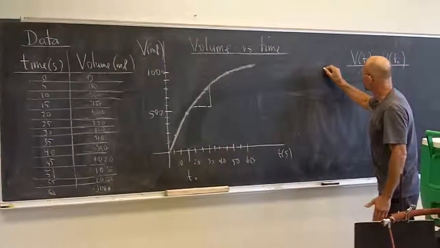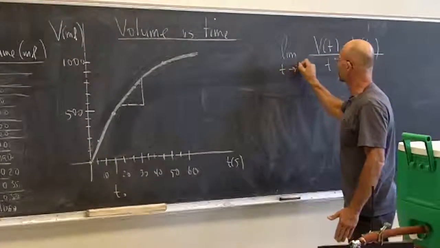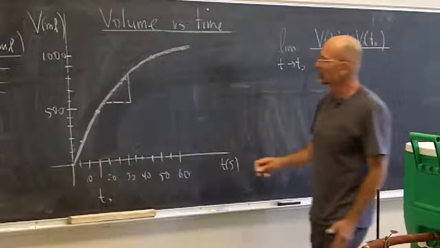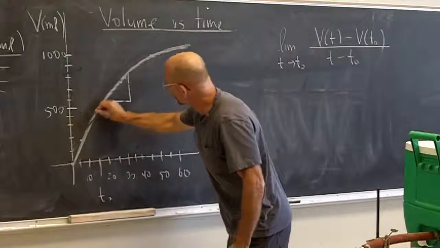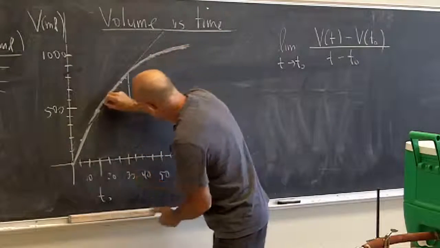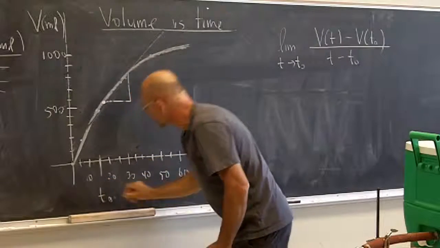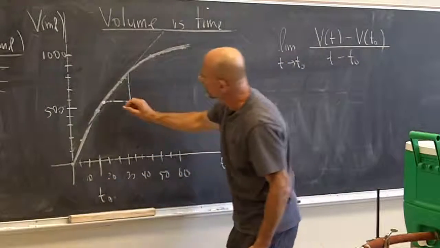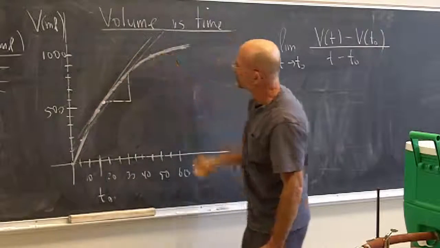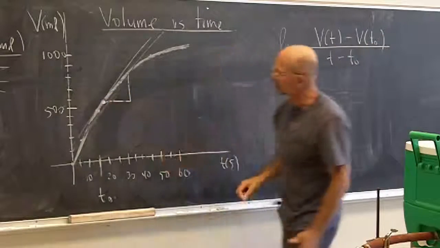The actual derivative is the limit as t goes to t0 of this difference quotient. So the slope of the difference quotient given right there, if we come down to this point, which I'm calling t0, then we're talking about the slope at this point here. Slope of the line tangent to the curve at this point that I've drawn right there.